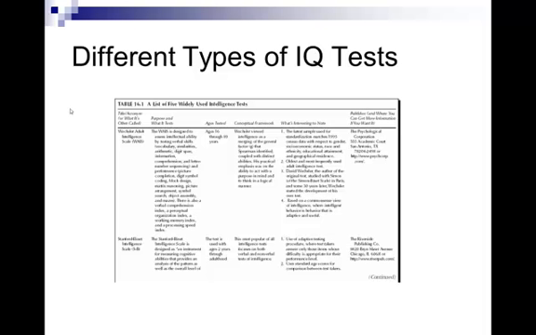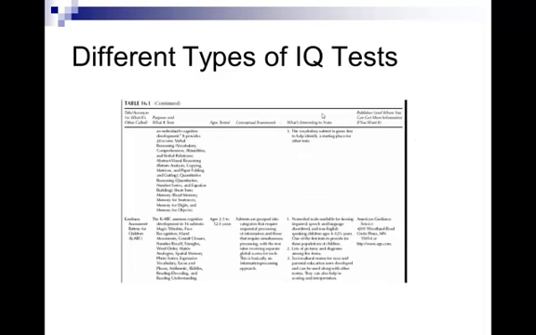And this is a listing of some IQ tests. The Wechsler Adult Intelligence Scale, used basically from 16 to adulthood, late and very late adulthood. You see, 89 years. Of course, here's your Stanford-Binet. There it is there. Your Kaufman Battery for Children. I really couldn't tell you anything about that one, other than it's for basically children and preteens.